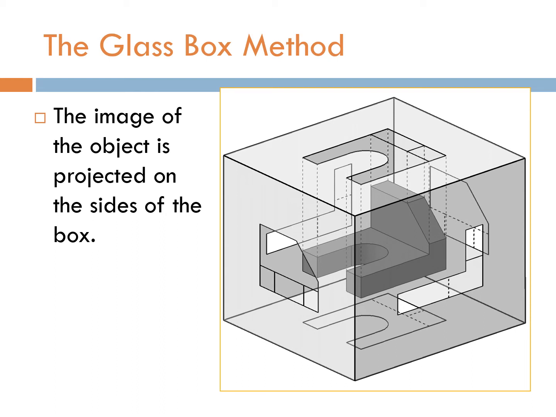Let's use this one as an example. Over here, if I look at this view, you can see this one here, which is almost like an inverted L shape. The edges of this object, like this one here, are all visible. The top line represents this edge over here. This one here represents this thing over here.